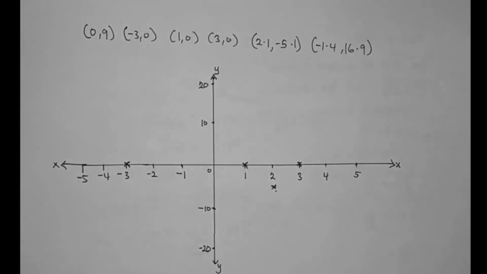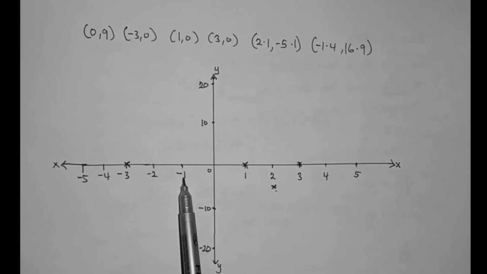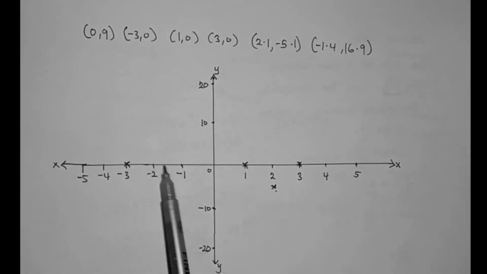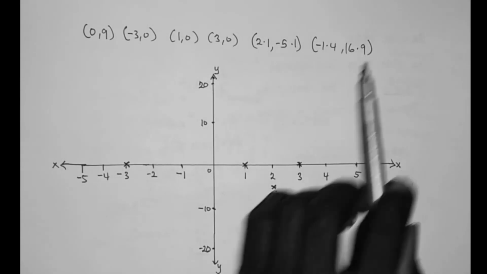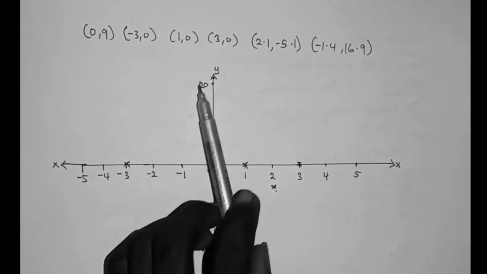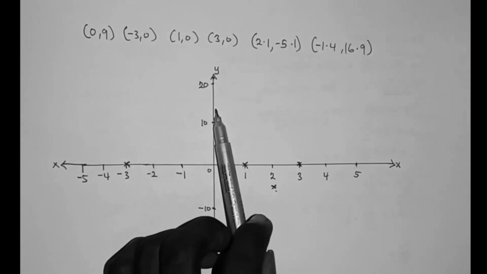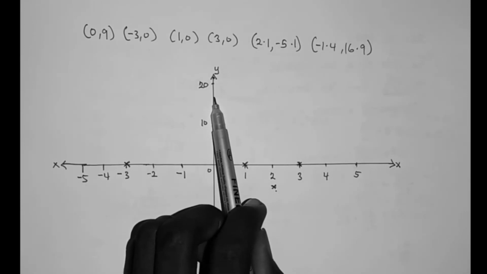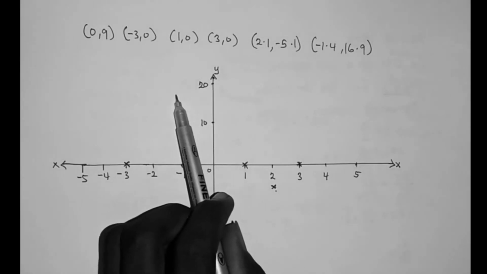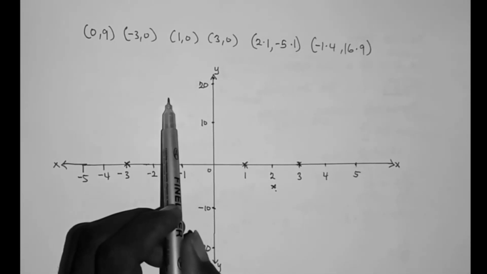So this is the point 2.1 and minus 5.1. And we also have this point, which is minus 1.4, somewhere here, and then 16.9. This is 10 and 20, half of that is 5. 5 plus 10 is 15. So half of this line is somewhere here. 16.9 is a little above that point, somewhere here.